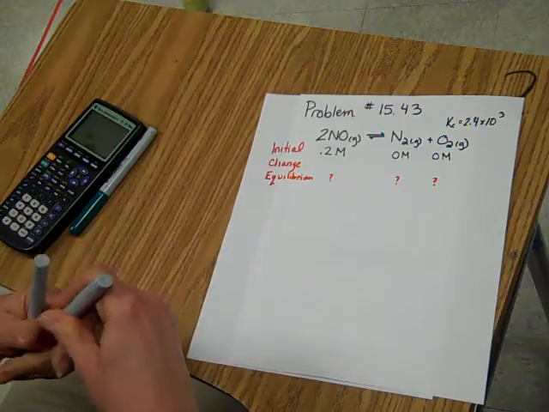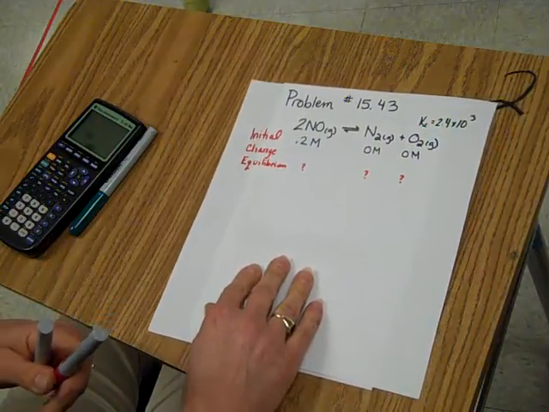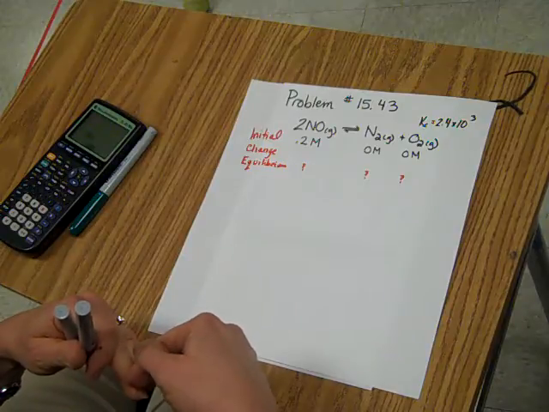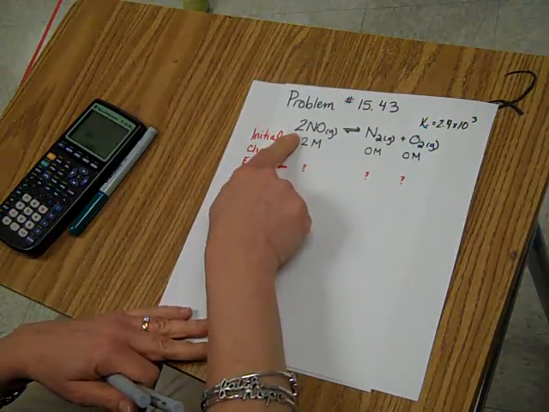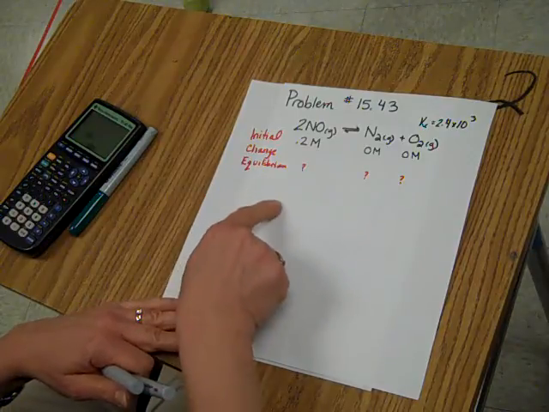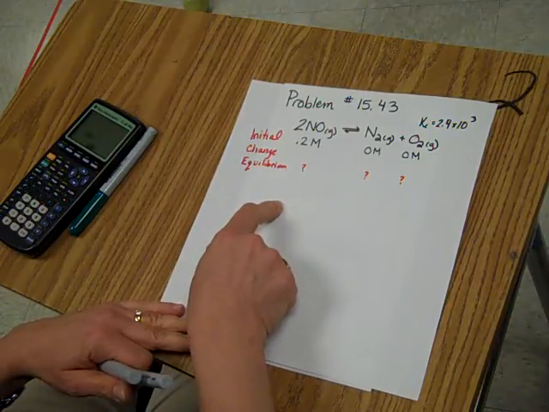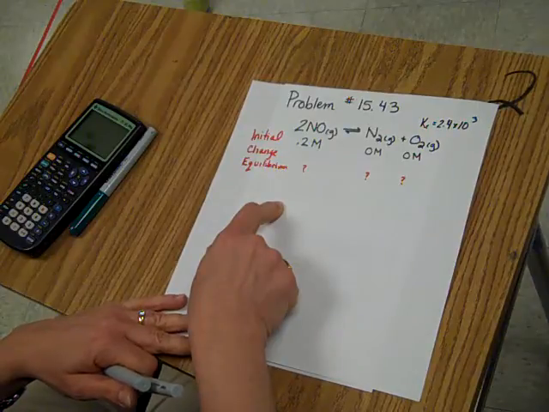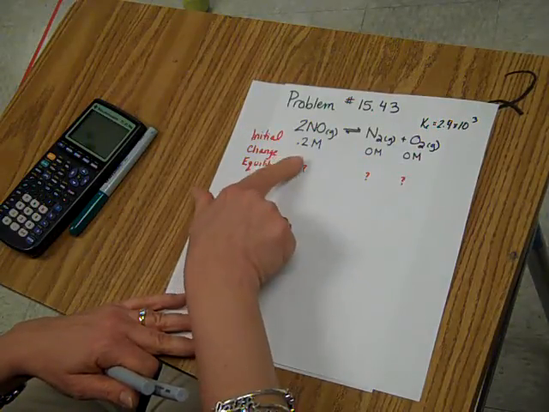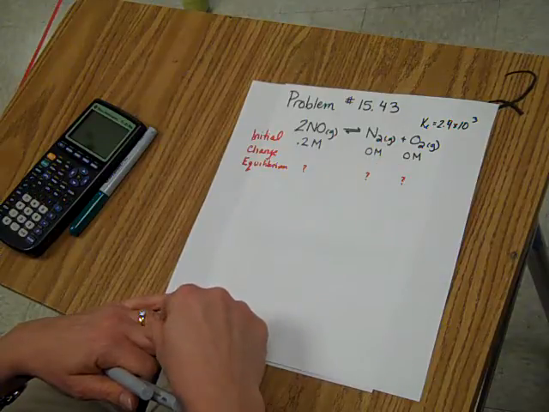Okay, what we're going to do here is define our changes in terms of x, and we're going to use the coefficients of our chemical reaction to figure that out. So, the first thing you ask yourself is, which way does the reaction need to proceed? It's pretty obvious, since there's 0 of the product, that we have to go forward and make some product.